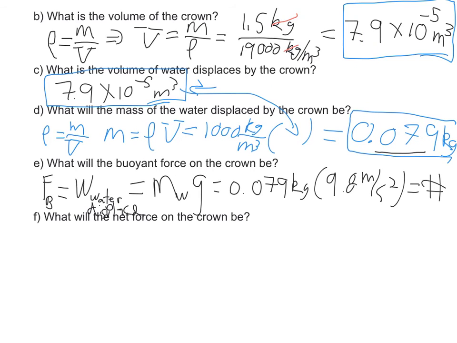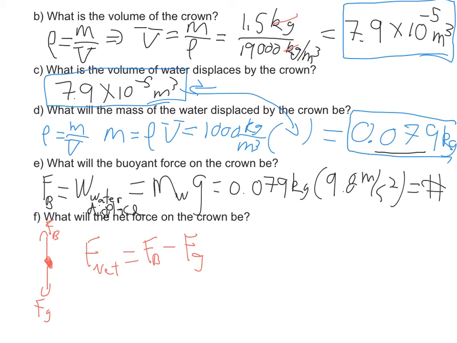What is the net force acting on our crown? If we do a free body diagram, our crown has its weight going down, the force of gravity, and it has the buoyancy force going up. So the net force is just going to be the sum of those. Buoyancy force is positive, weight force is negative.